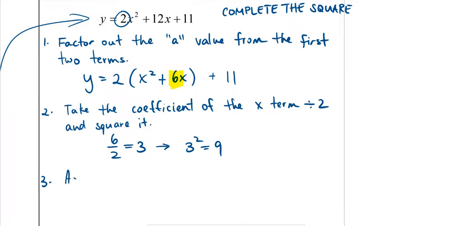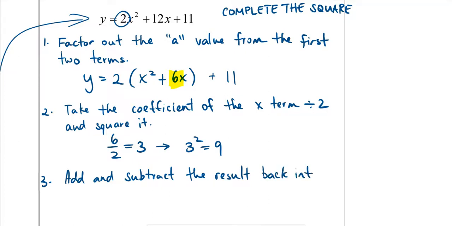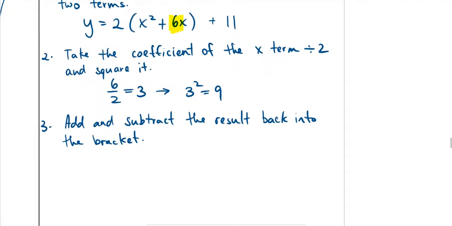Okay, you're going to add and subtract the result back into the bracket. So here we're going to write y equals 2 times bracket x squared plus 6x.